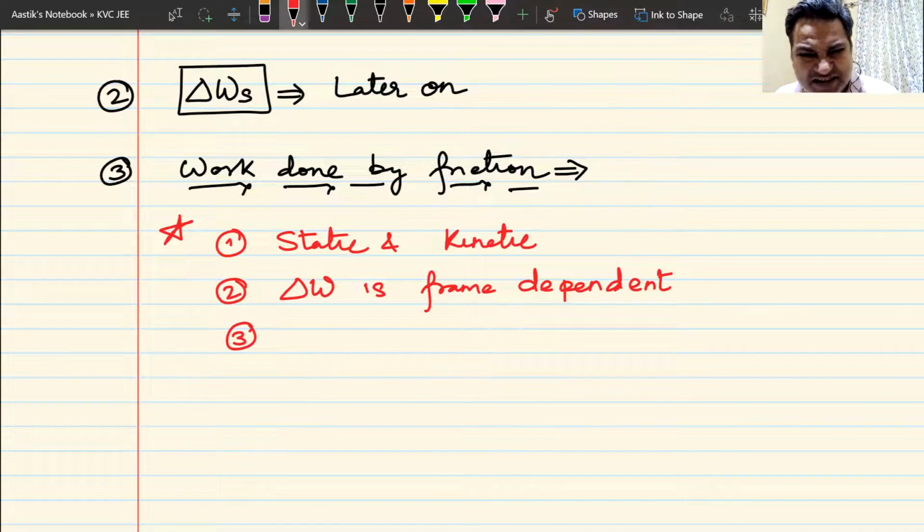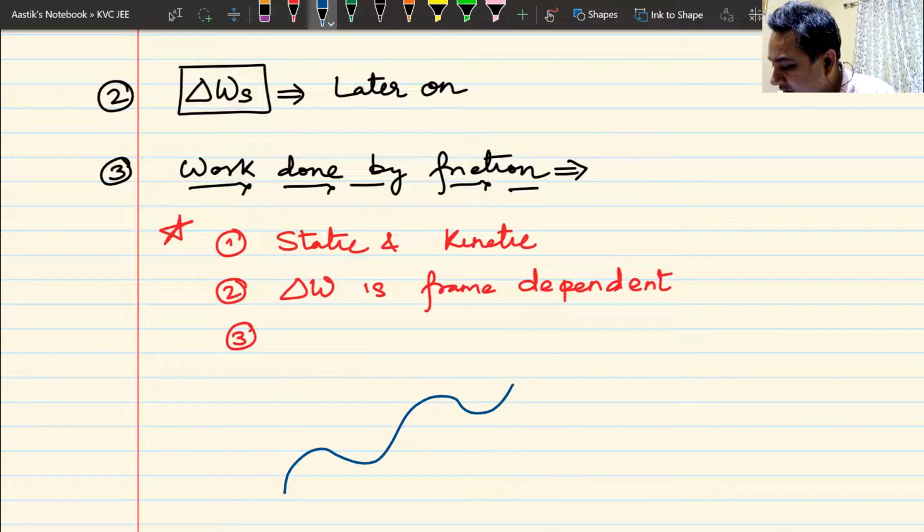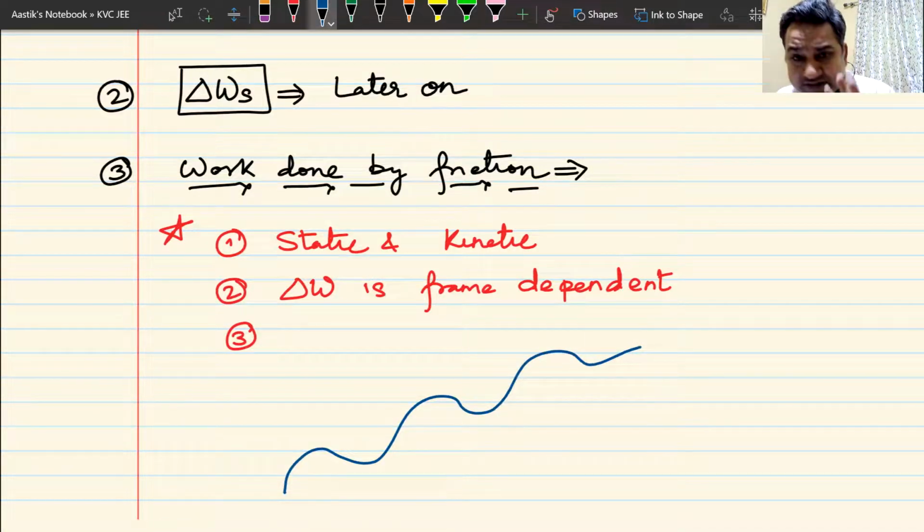Why will it vary in direction, sir? It's very simple. See, if I take a block in a zigzag path, and if I assume that normal reaction is constant, even then the direction of force is continuously changing. Yes or no?